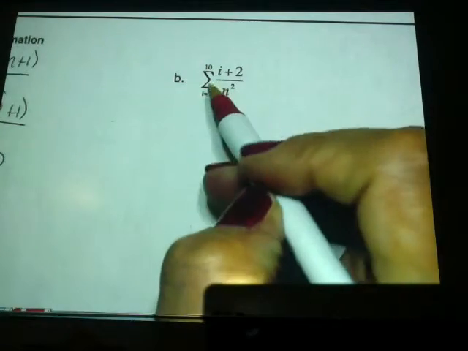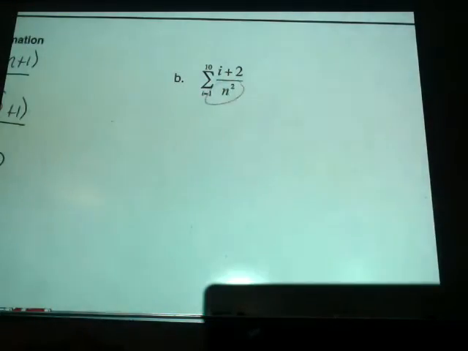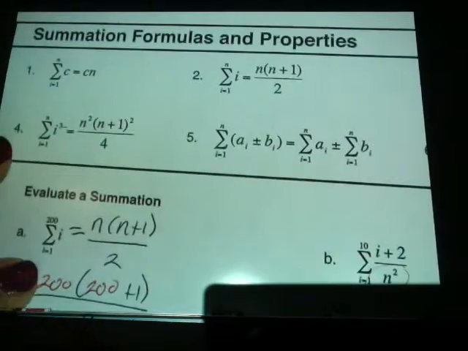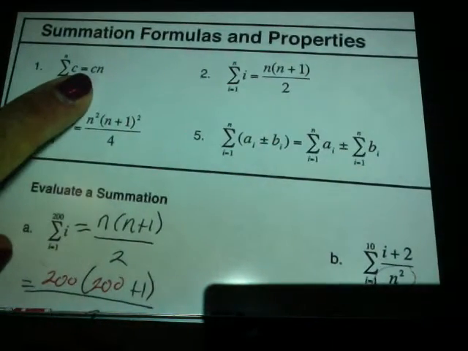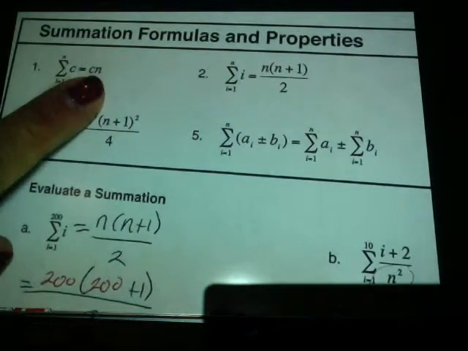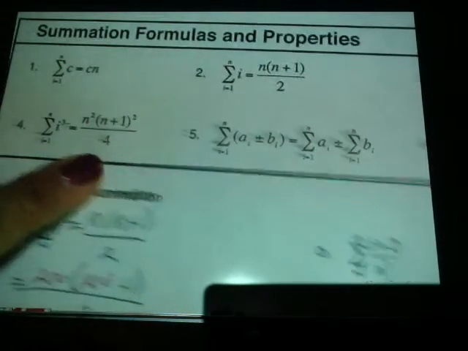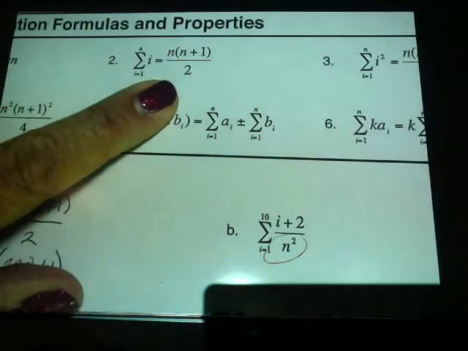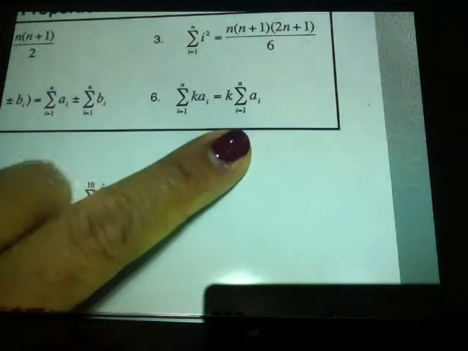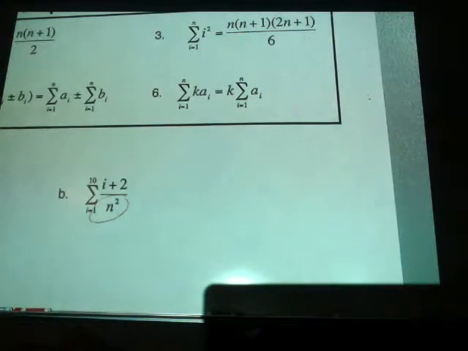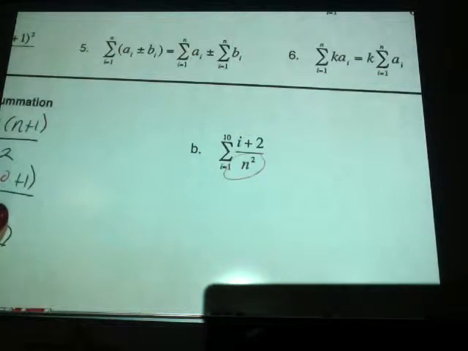Anytime you have something in the denominator, because if you look at all of these up here, this means a constant times whatever that number is there. There's nothing in the denominators of any of these, are there? No. So we're going to factor that denominator out in front.